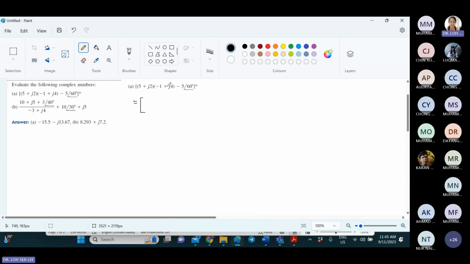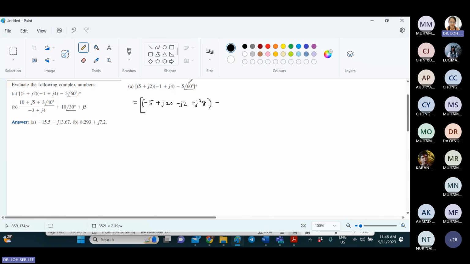Okay, expand. Then minus. Okay, this is minus. So we have to change this from polar into rectangular form.